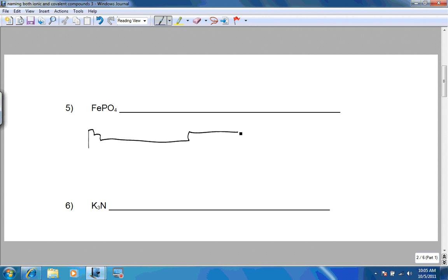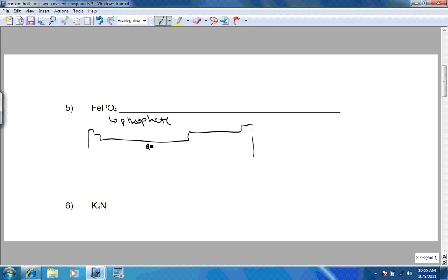Number 5 is very similar. PO4 is phosphate. That's a polyatomic ion. Iron is right here on the periodic table, somewhere around there. You'll notice that if you look at the periodic table, you have no idea what the charges are for this area.